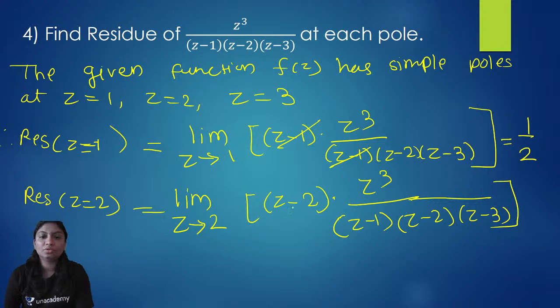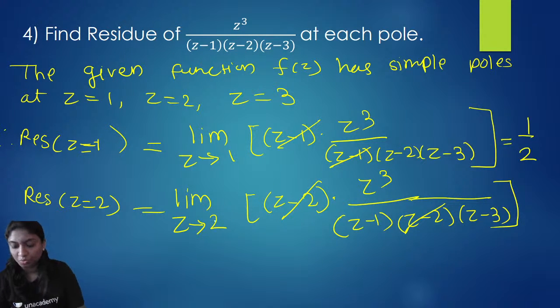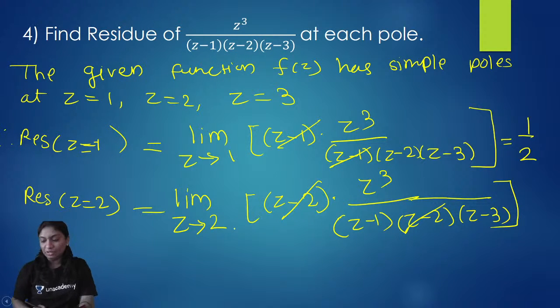So z minus 2 and z minus 2 get cancelled out. Now put z = 2. So 2 cube is 8, upon 2 minus 1, which is 1, and 2 minus 3, which is minus 1. So here you will get minus 8.